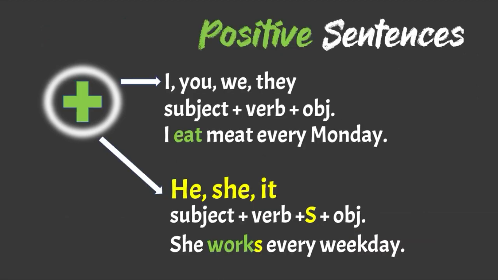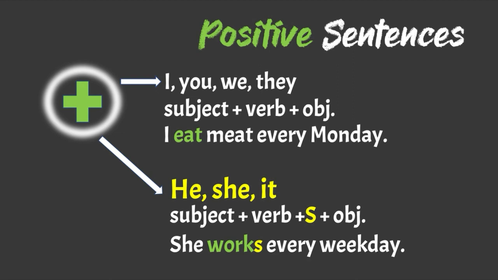Now, what happens with positive sentences? For I, you, we, and they, we put the subject plus the verb plus the object. For example, I eat meat every Monday. That's very easy. How about the third person singular?